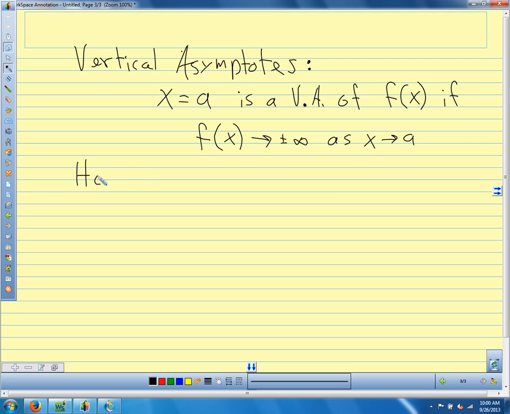Horizontal asymptote. And a horizontal asymptote is a line.